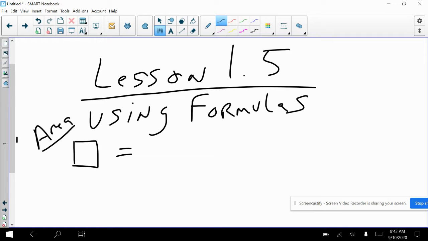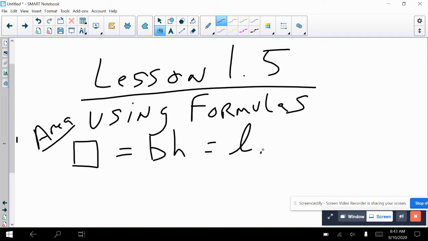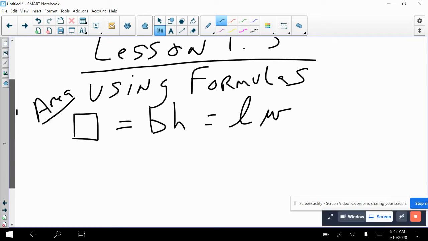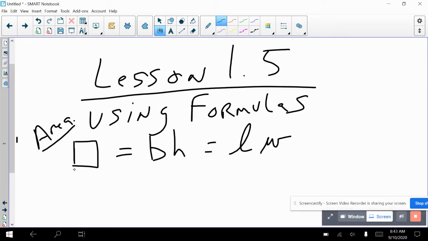Okay, some of you are familiar with base times height. Same thing would be length times width. Either one of those. What other shapes does that formula work for? A rectangle. Very good.